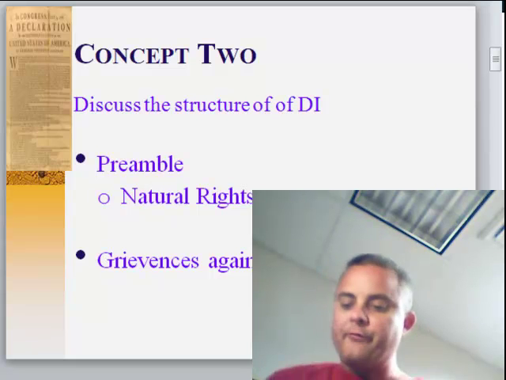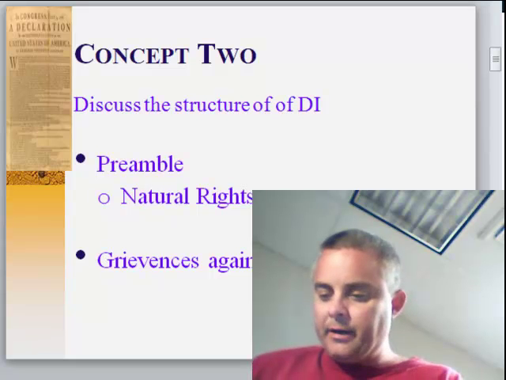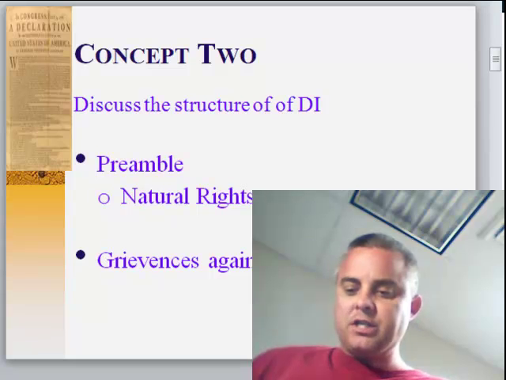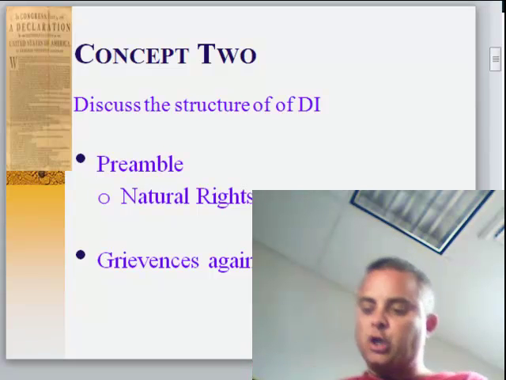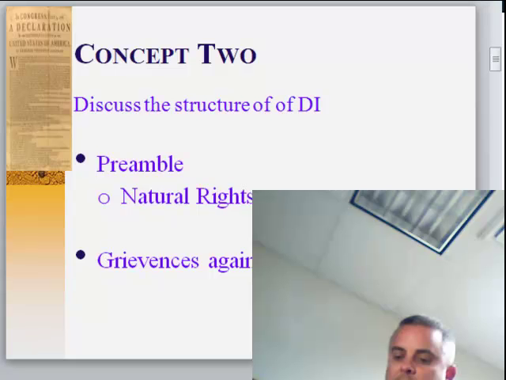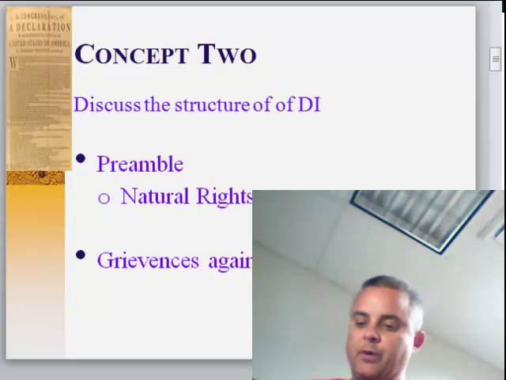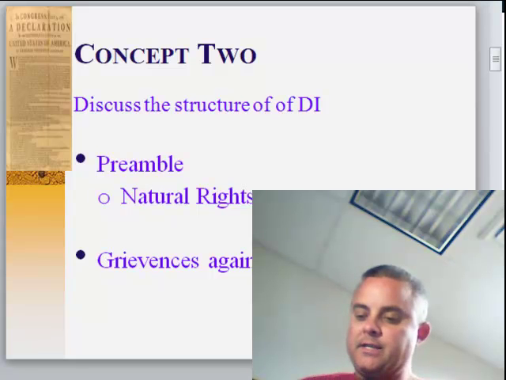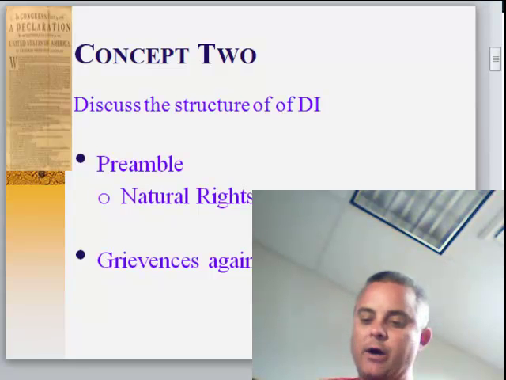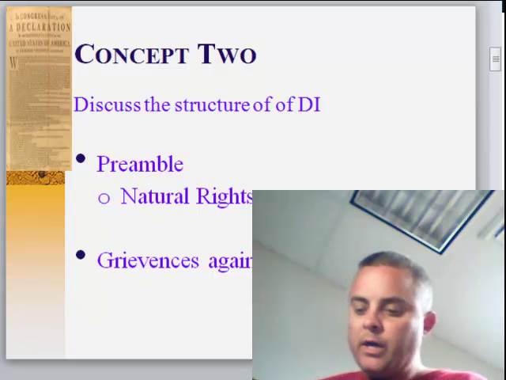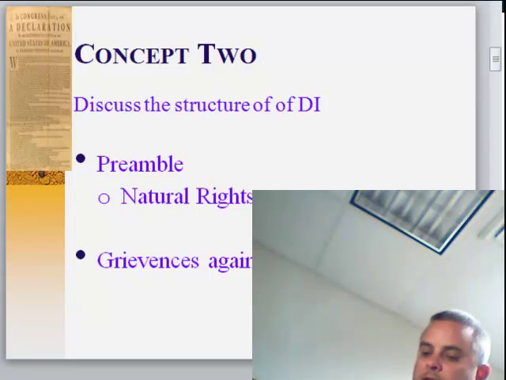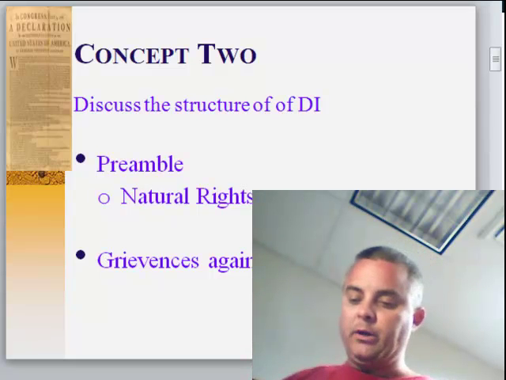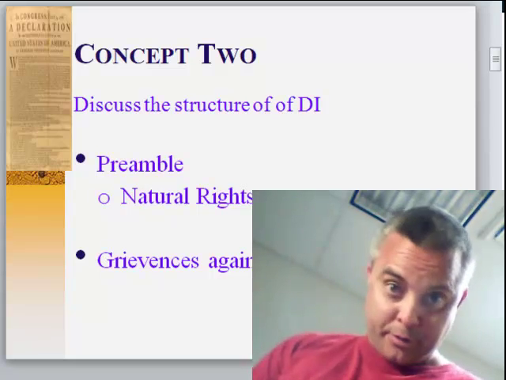This piratical warfare, the opprobrium of infidel powers, is the warfare of the Christian king of Great Britain, determined to keep open a market where men should be bought and sold, suppressing every legislative attempt to prohibit or to restrain this execrable commerce. He is now exciting those very people to rise in arms among us, and to purchase that liberty of which he deprived them by murdering the people upon whom he also obtruded.